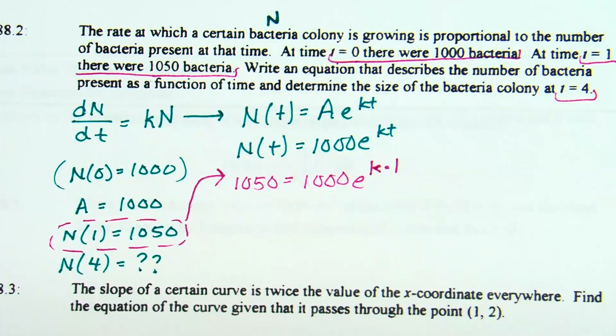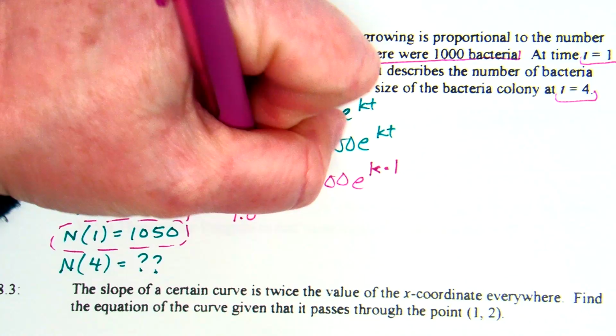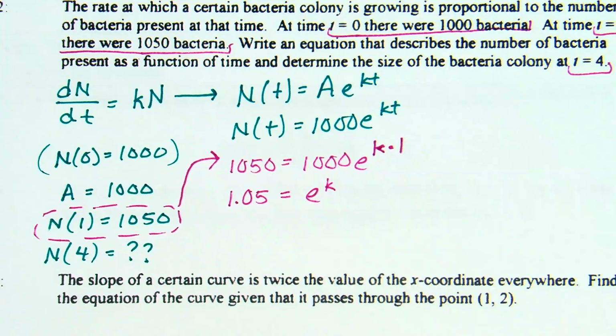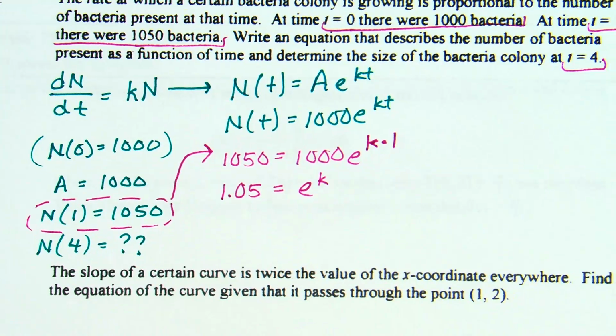What do we do first? Divide by 1,000. What is 1,050 divided by 1,000? Move that decimal 3 places left: 1.05 equals e to the k. I just taught solving this in Algebra 2 yesterday. I take the natural log of both sides.